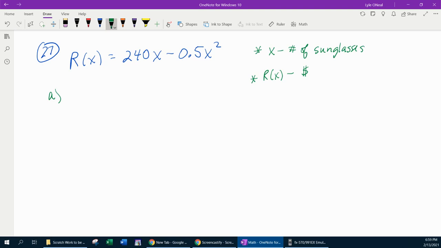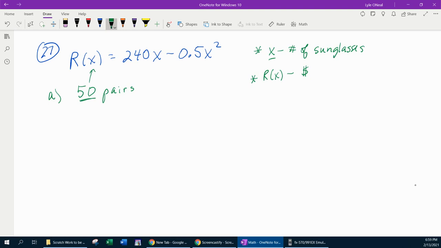All right, so knowing that, part A says, what is the total revenue from the sale of 50 pairs of sunglasses? So since we made a note over here, we know that x represents the number of sunglasses. Here I'm given a number of sunglasses, so I know that that is going to take the place of x.